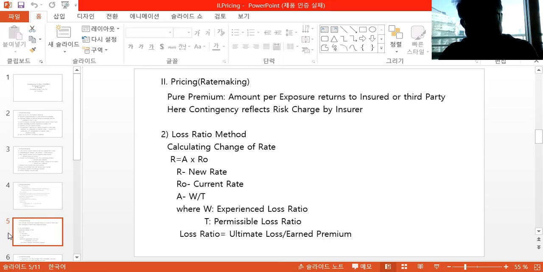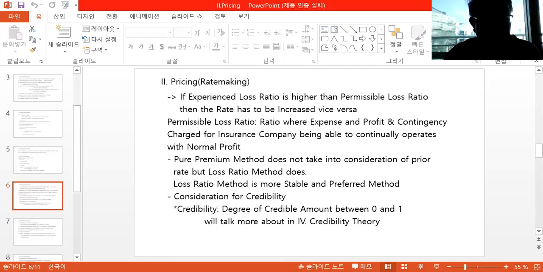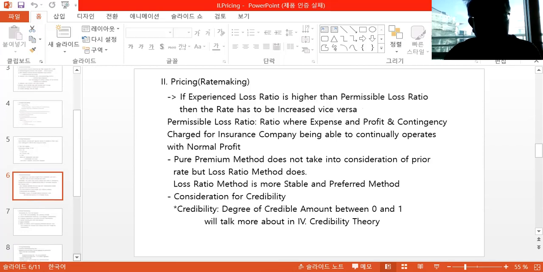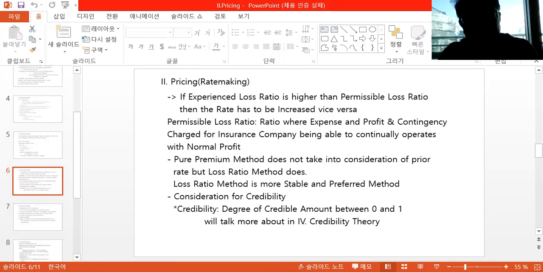Here, loss ratio is ultimate loss over earned premium. The concept here is that if the experienced loss ratio is higher than the permissible loss ratio, then the rate has to be increased, and vice versa.